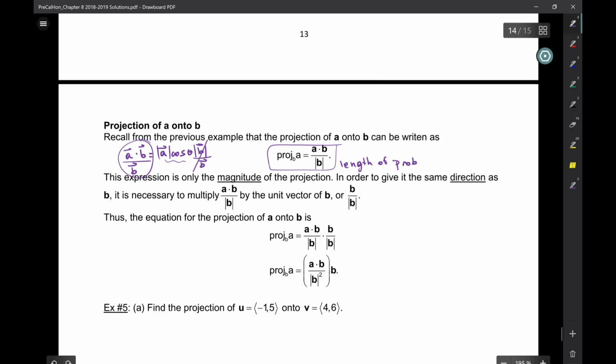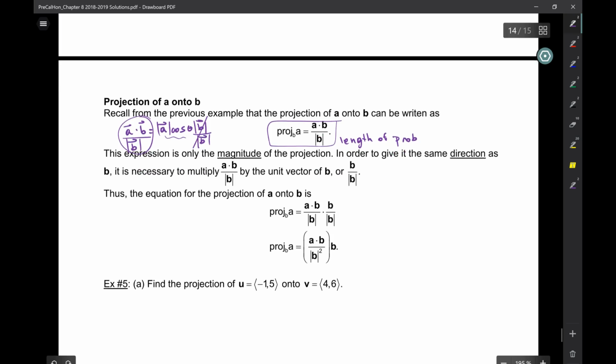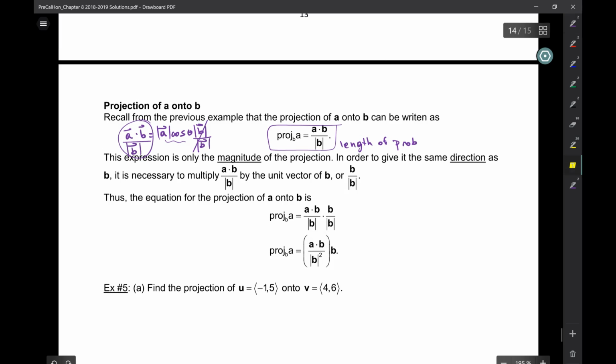The absolute value, huh? Here, I divided by the same thing. Okay? So now I need to multiply this with the unit vector for B. What's the unit vector for B? It's this thing.